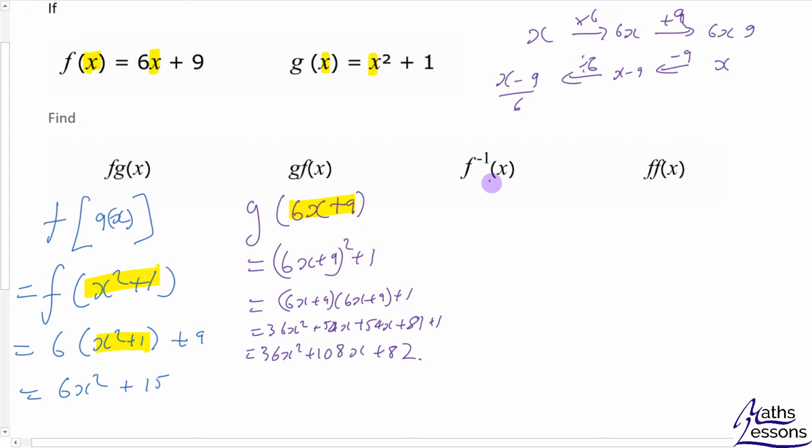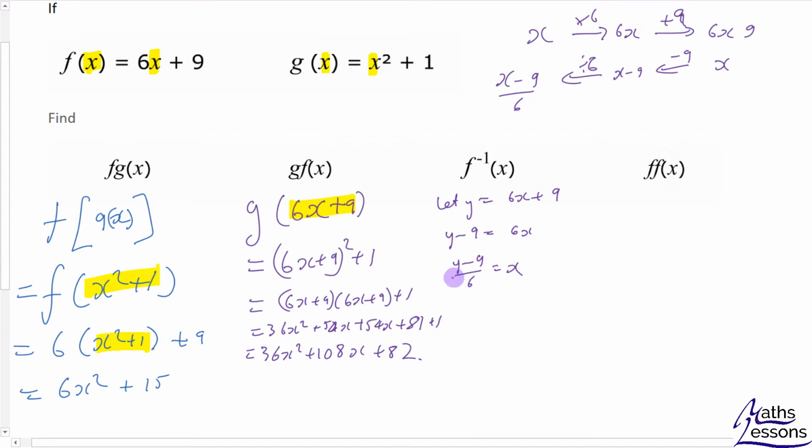Now that doesn't always work. It works for simple ones like this, but it doesn't always work. If you let y equal 6x plus 9 and then make x the subject, this always works. So we do y minus 9 equals 6x, take away 9 from both sides and divide by 6, and you get (y minus 9) over 6 equals x. But that isn't the inverse function, it just tells us how to get it.